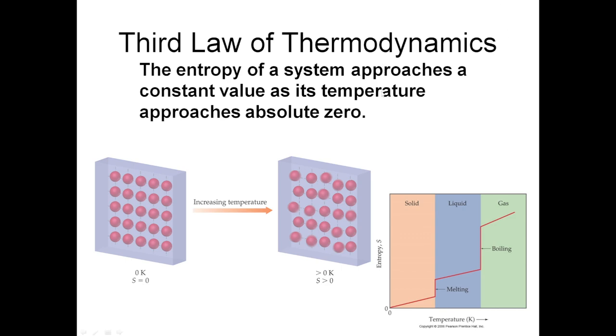And the part about approaching absolute zero is trying to say that if you reduce something's temperature to absolute zero, then you will have removed all of its thermal energy and all of its entropy. Since entropy is random movement, and thermal energy creates random movement, the only way to completely get rid of entropy in an object is to remove all of its thermal energy and reduce its temperature to absolute zero.